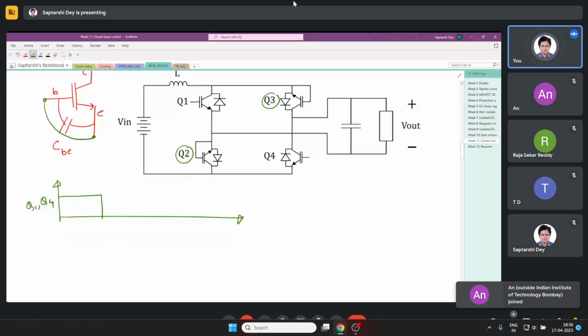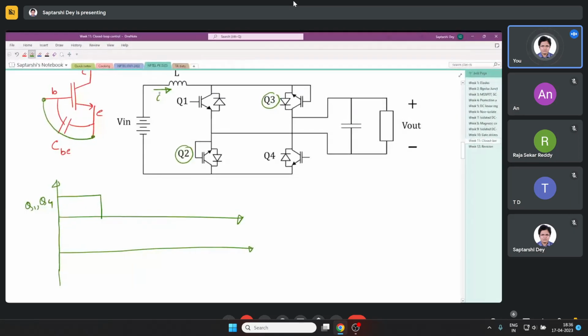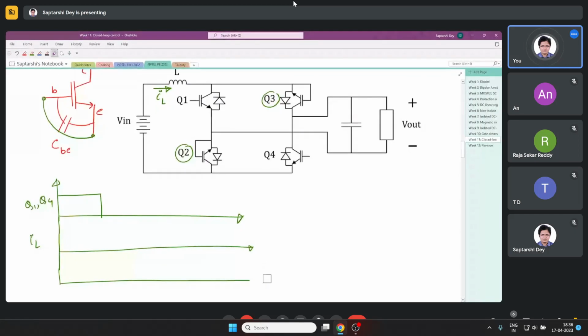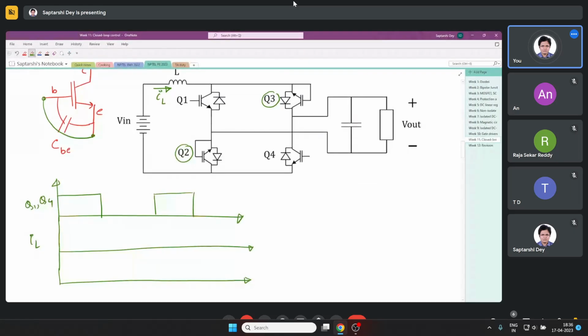When I turn on Q1 and Q4, I will draw inductor current, assuming my positive inductor current direction in this way, as well as inductor voltage. Now I will draw another cycle. How will inductor current and inductor voltage look?